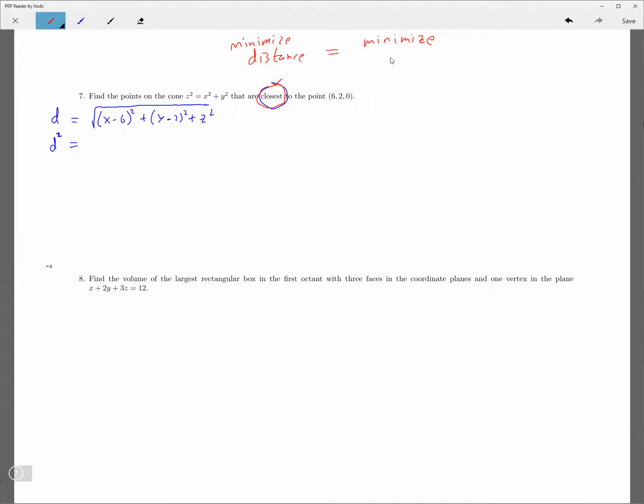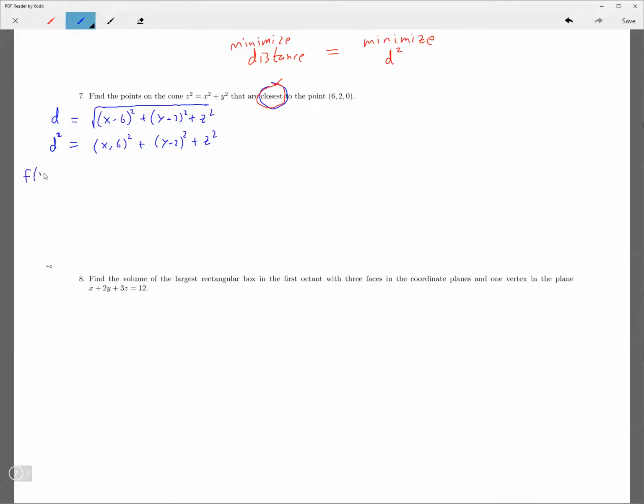Minimizing the distance is the same as minimizing the square of the distance. Because square roots are not very nice to deal with in this situation, it's better if we look at this function without the square root. You have better things to do with your time than take derivatives of square roots, right?